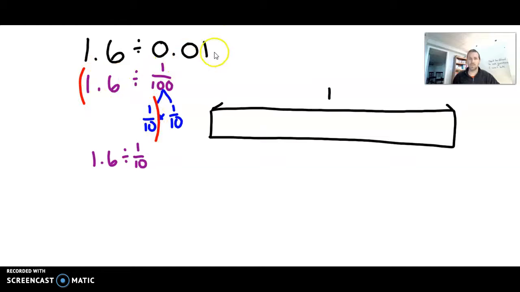So that's what I'm going to do. I'm going to divide this into tenths. So that means 9 lines. 1, 2, 3, 4, 5, 6, 7, 8, and 9. Now I'm going to label this part as well. And this is going to be our 1/10.